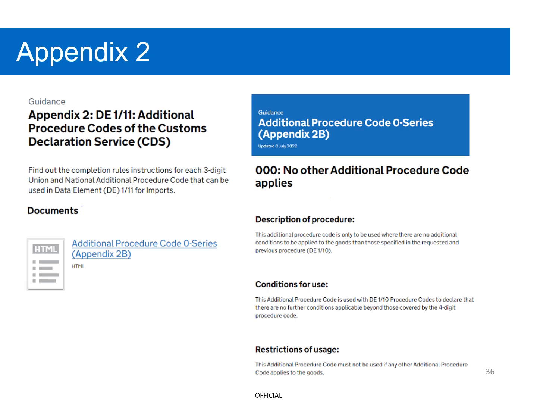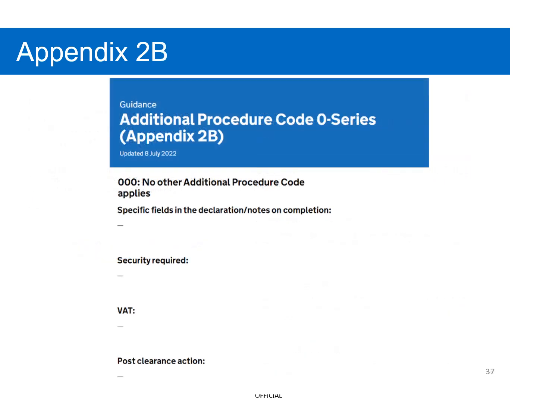Once she has navigated to Additional Procedure 000, Hallie needs to use this in conjunction with the CDS declaration completion instructions for imports that she found earlier in this webinar. As you can see, for Additional Procedure Code 000, there are no extra conditions that need to be met. Therefore, Hallie doesn't need to include anything from this appendix.